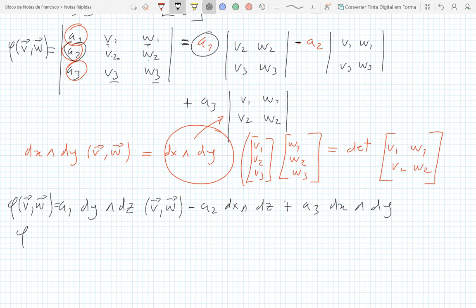So my phi will be A1 dy wedge dz minus A2 dx wedge dz plus A3 dx wedge dy.